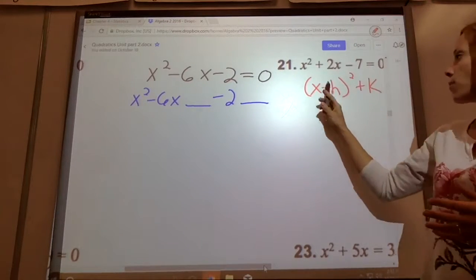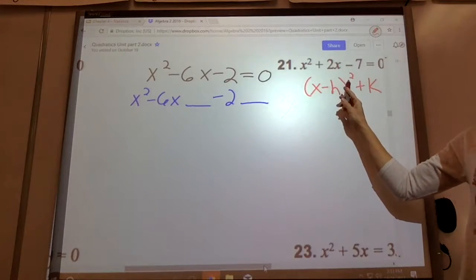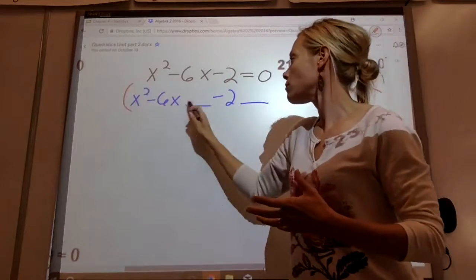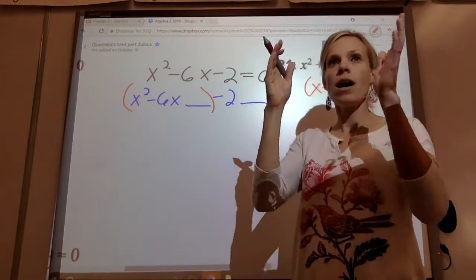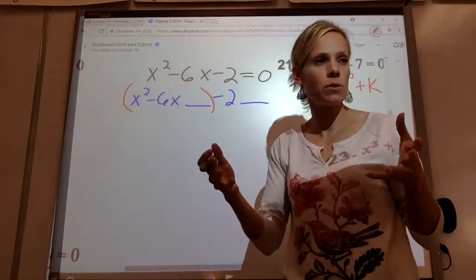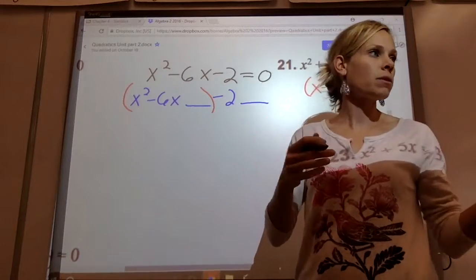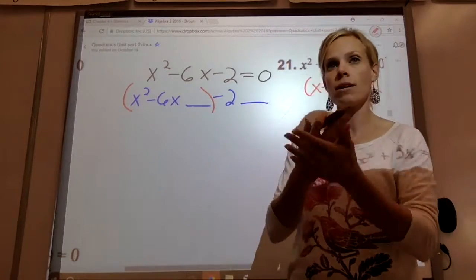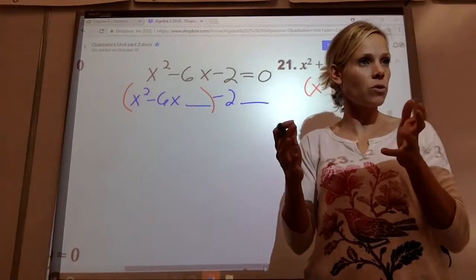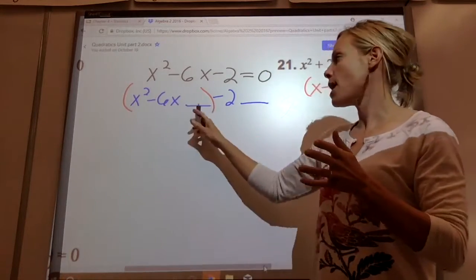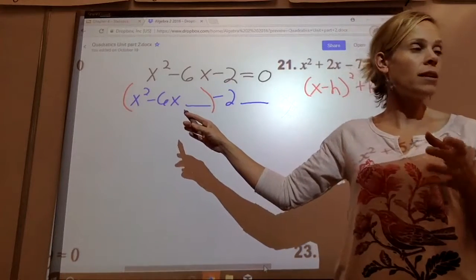When I have vertex form, I want a binomial squared, meaning I want some number that's going to allow me to factor into x plus 3 squared, or x minus 5 squared. I want it to factor into something I can write as a binomial squared. So some magic number is going to allow me to do that, and I don't have to guess.